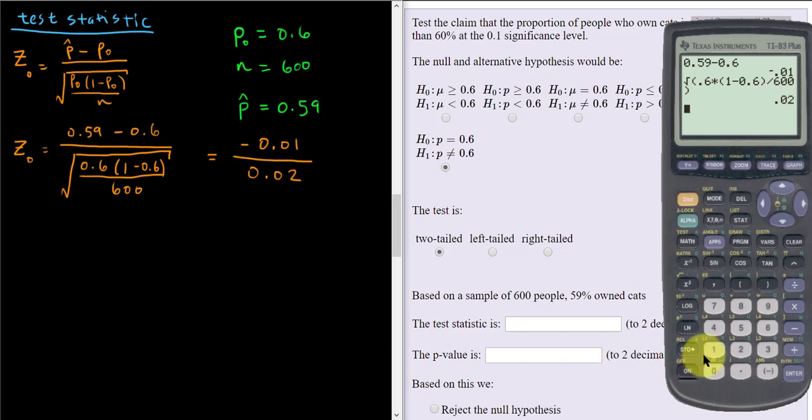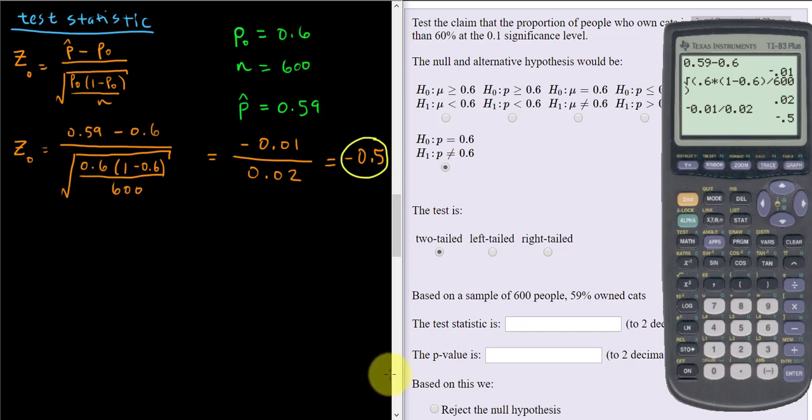We could probably do that without the calculator, but I'm going to do it anyways. Negative 0.01 divided by 0.02, definitely a half. So negative 0.5. That is our test statistic. I'm going to go ahead and put it in a circle.